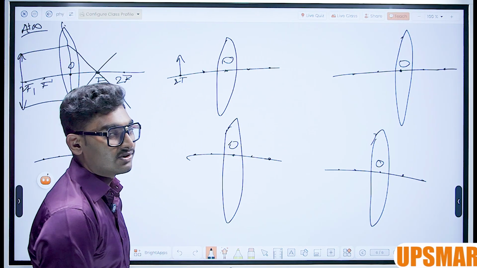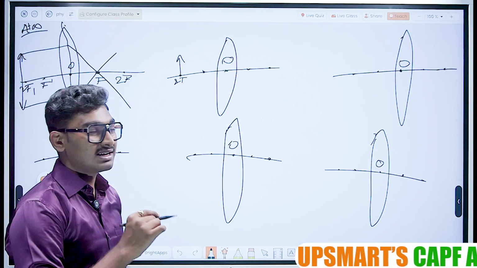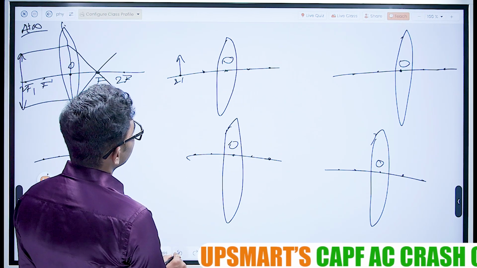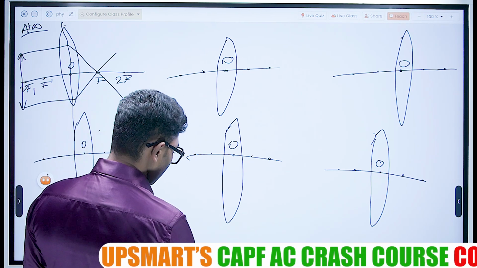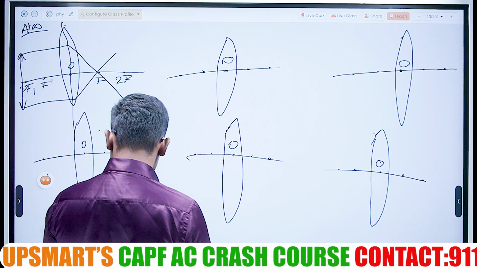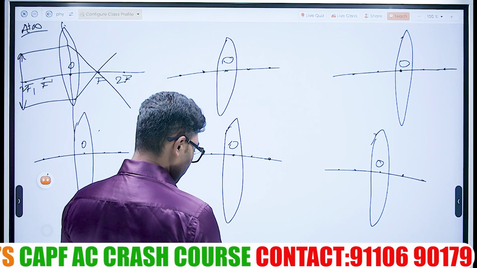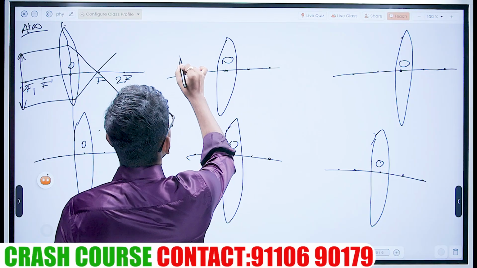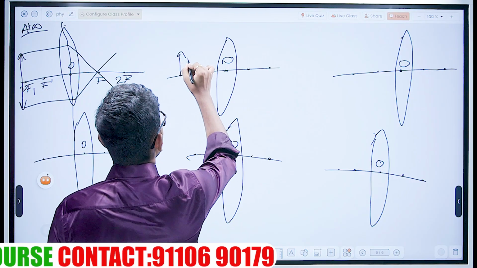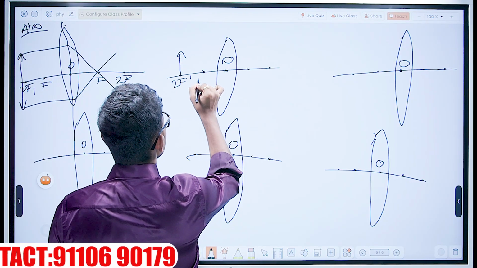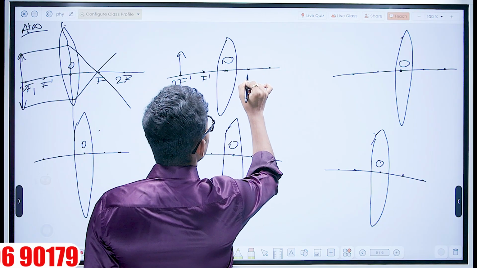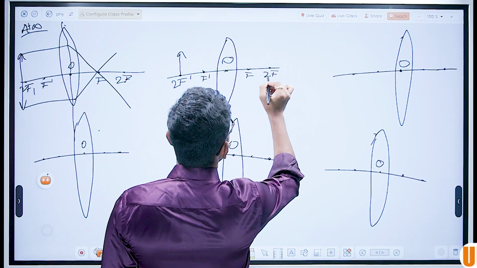Actually, at 2F, we need a perfect image and perfect angle to be drawn there. I'll draw it and show you. See, when the object is at 2F dash, and this is F, this is 2F.